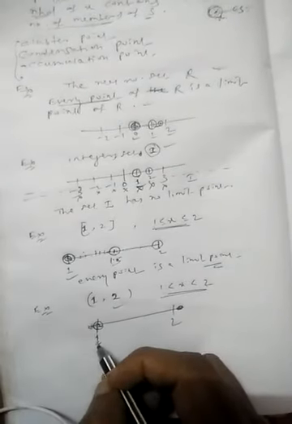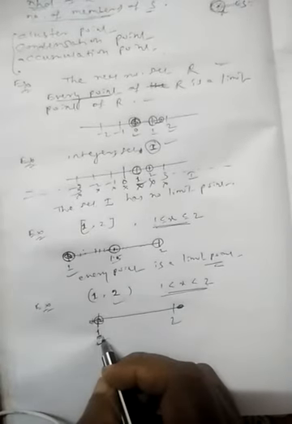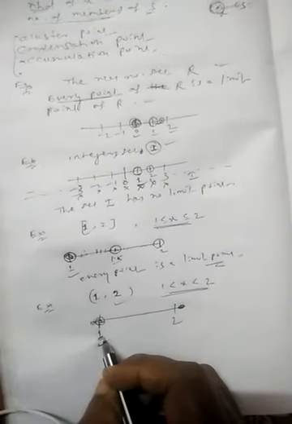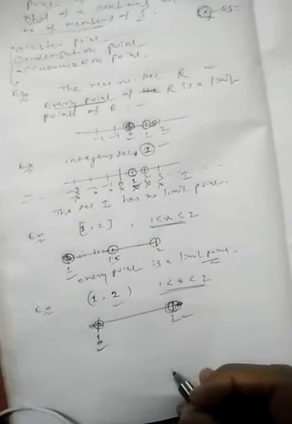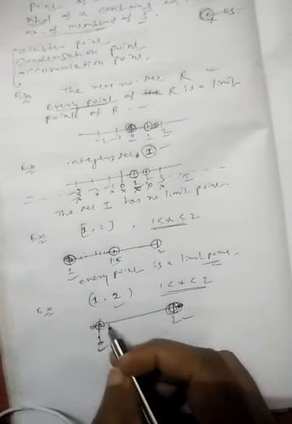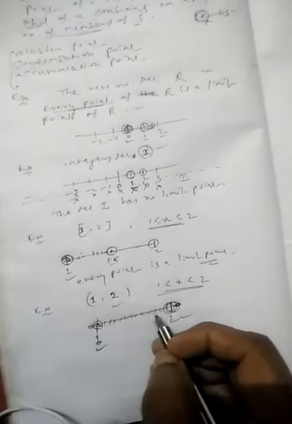So 1 is a limit point. Here we can see 1 is not a member of the set, but 1 is a limit point. Similarly 2 is not a member of the set, but it will be a limit point. And the intermediate points are also limit points. If I check all the points, then all points will be limit points.